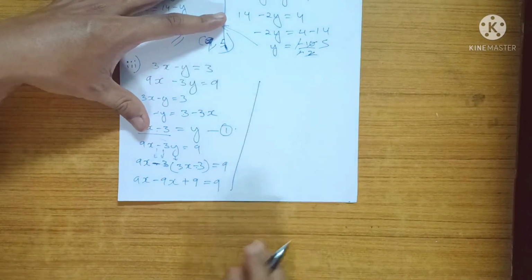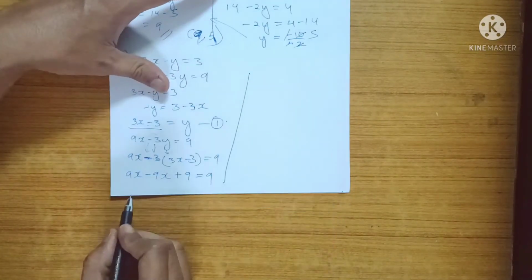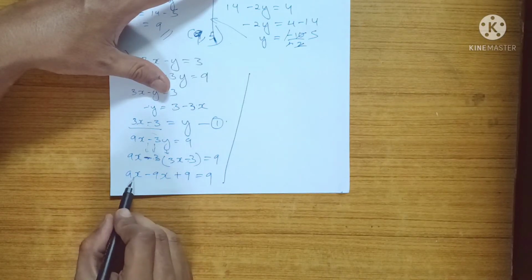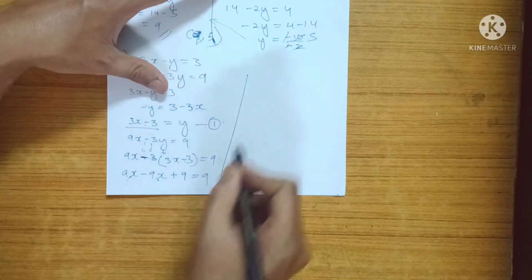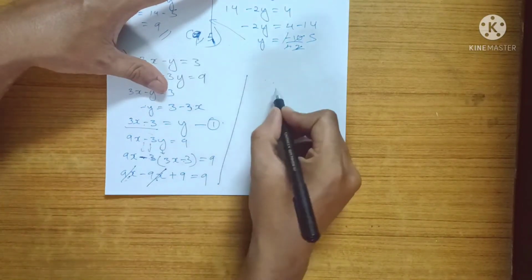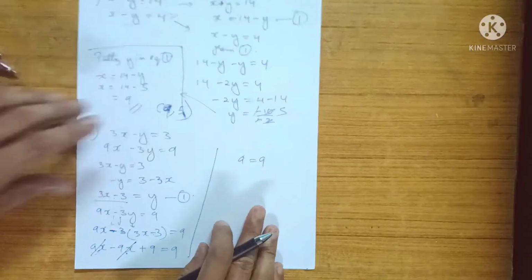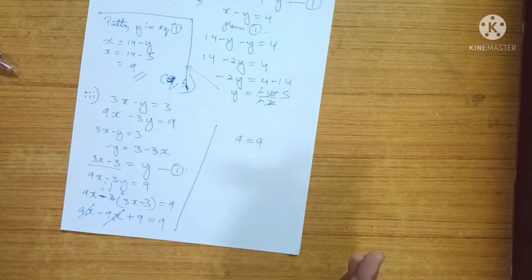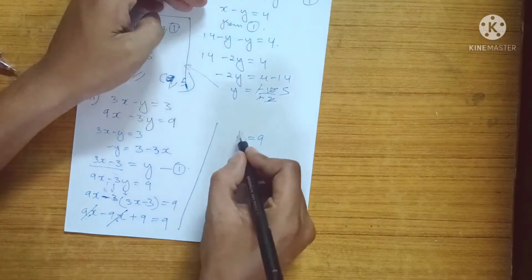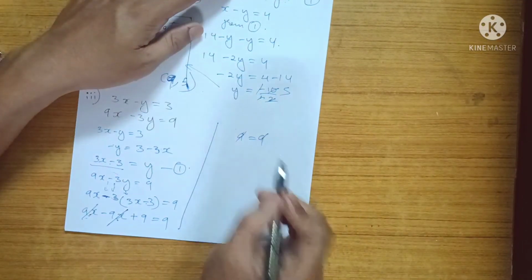An interesting thing is that the 9x and minus 9x cut off, leaving only 9 equal to 9. We were supposed to find the value of x, but we ended with no x or y. Even 9 and 9 we can cut off.